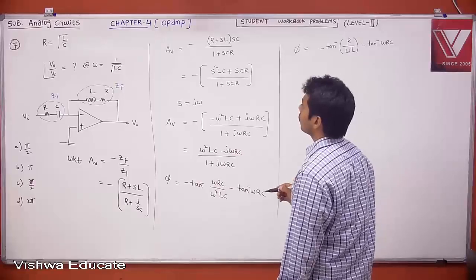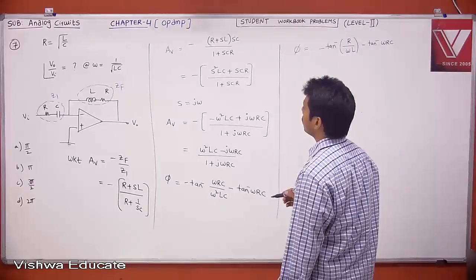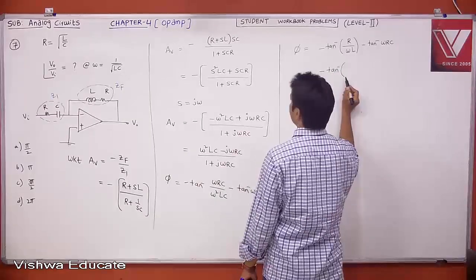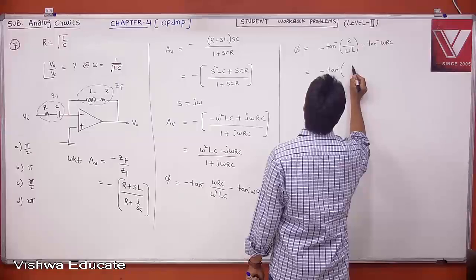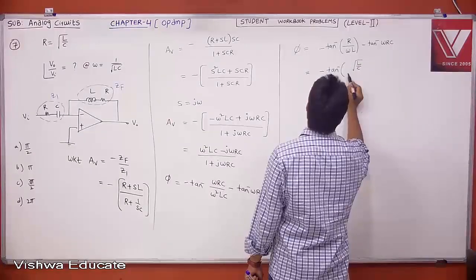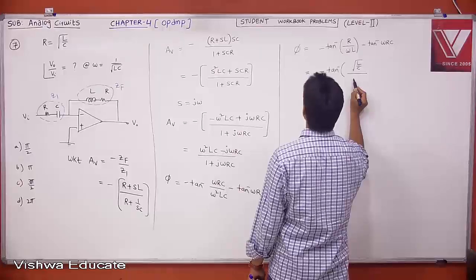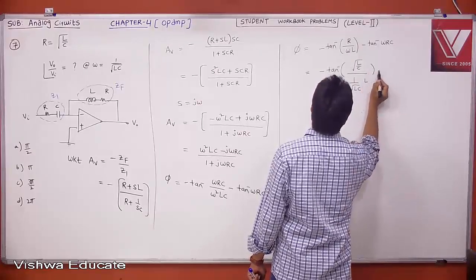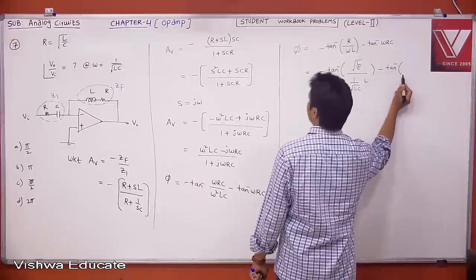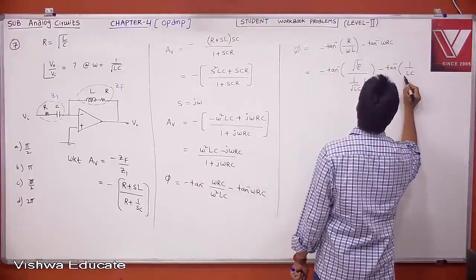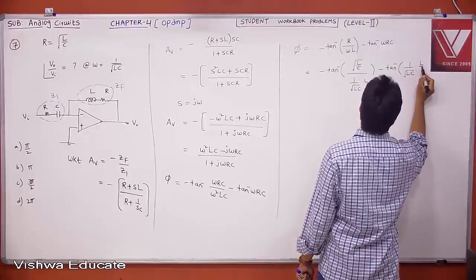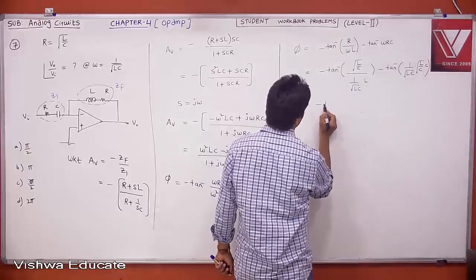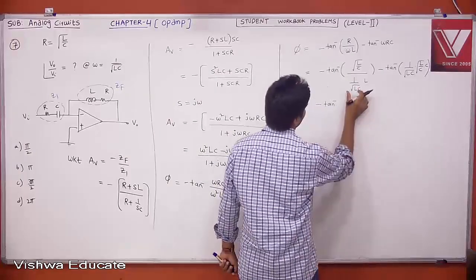Now you need to substitute everything, where R is equal to root L by C and omega is equal to 1 by root LC. If you substitute, therefore minus tan inverse, what is R? Root L by C. Therefore this is nothing but root L by C divided by omega, 1 by root LC, into L, minus tan inverse omega, 1 by root LC, into R, root L by C, into C. If you do that, this is nothing but minus tan inverse, this root LC will come here.